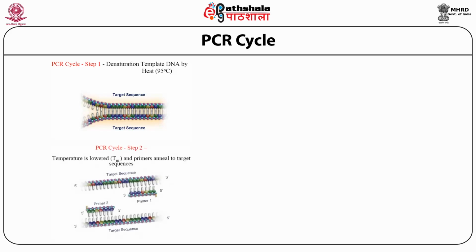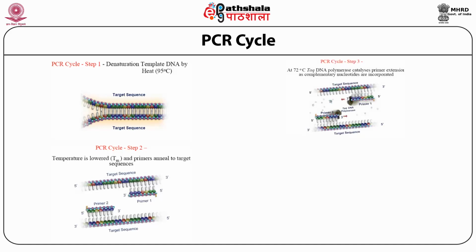Step 2 is annealing, where the temperature is low, and the primer, with an appropriate temperature calculated based on the Tm, can be used. In this second step, primer annealing, primers bind at the 3' end of the template DNA and anneal.